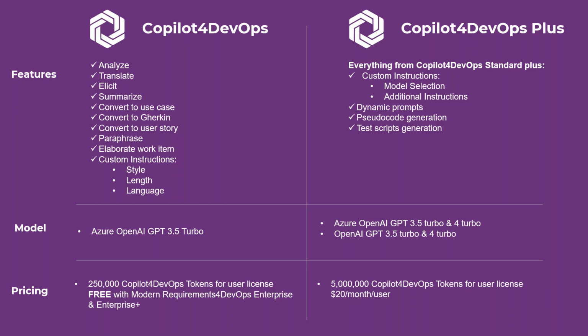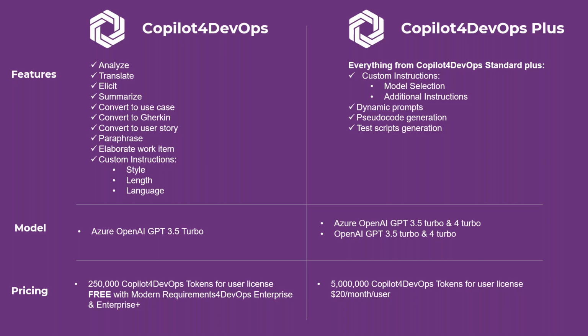It's 250,000 tokens at no additional cost in Modern Requirements. But with Copilot for DevOps Plus, dynamic prompt, pseudocode generation, or test code generation would generally mean a higher consumption of tokens. Thus Copilot for DevOps Plus comes at a cost of $20 per month per user, but then you're getting 5 million tokens.